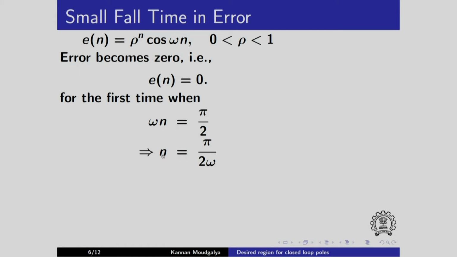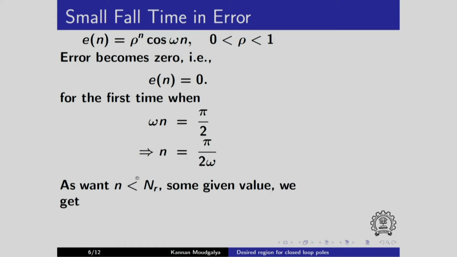When I simplify, I get n equals pi by 2 omega. We want n to be less than nr. Recall, this is one of the user specified values. We substitute for n from here: pi by 2 omega less than nr, or omega greater than pi by 2 nr. So this is the condition we have on omega. We arrived at this from the requirement that the error should have a small fall time.